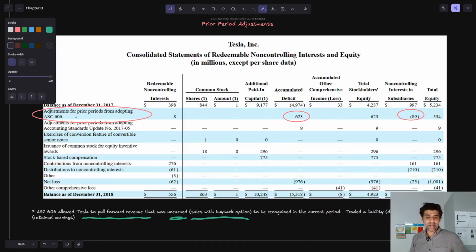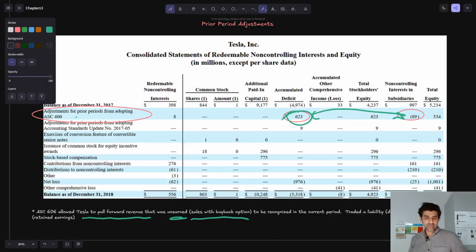But for whatever reason, they were allowed to basically pull forward $623 million of profit. Okay, and so that's what this accounting change is doing. Well, actually offset by this. So around $500 million they were able to recognize.